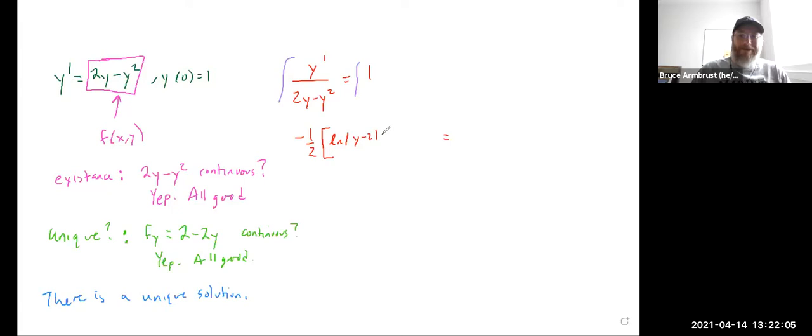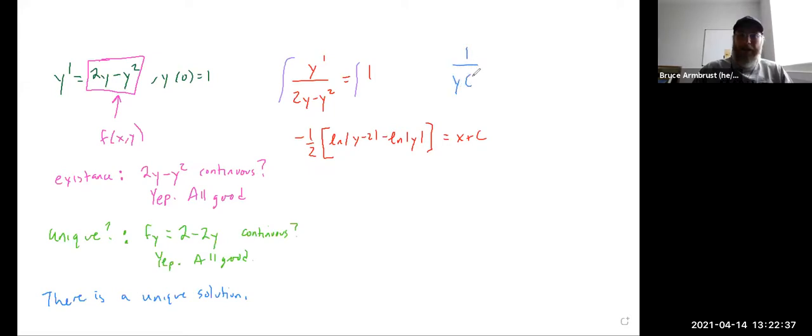Y minus 2 minus natural log of y equals x plus c. Hold on a second. I don't like this. When in doubt, let's do the algebra.